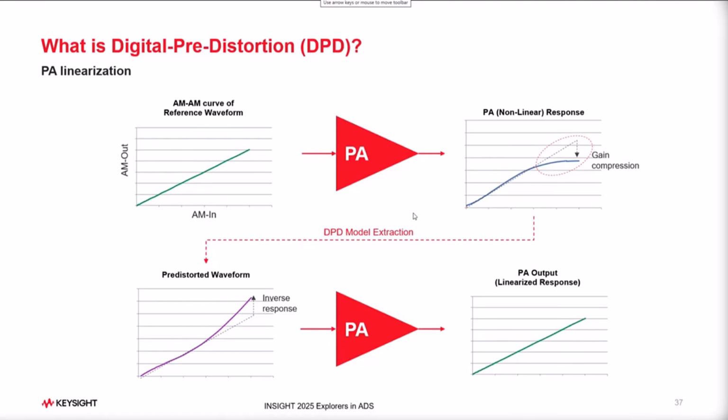And also, if you are selling your PA to some other company, let's say, in reality I have many people talking to me who are power amplifier design houses. They don't do DPD design. But if they want to sell their product, they need to prove to their end customers, saying, this is how linearizable my PA is. Here is the proof. So they use DPD Explorer in ADS just to prove that my PA is a good design, which you can then linearize later.